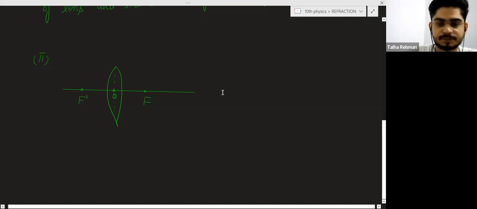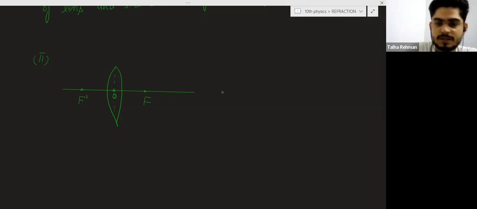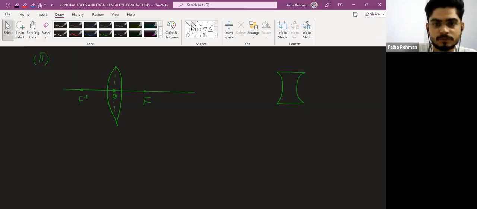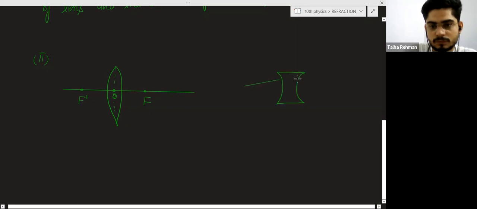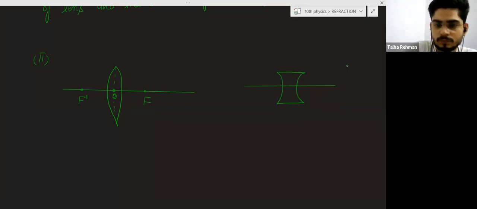And the same is the case for the concave lens. You have a concave lens. This is the optical center.